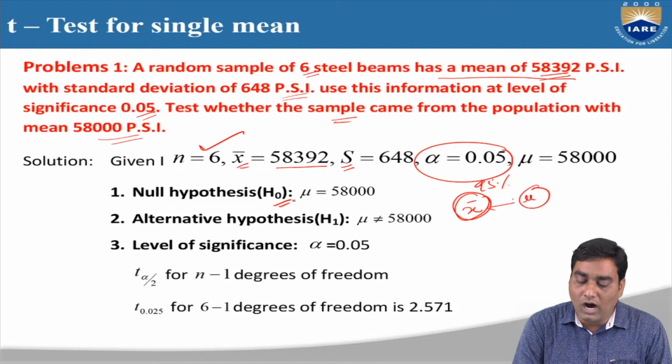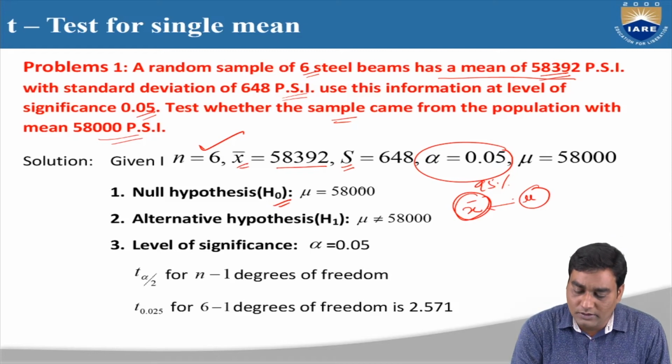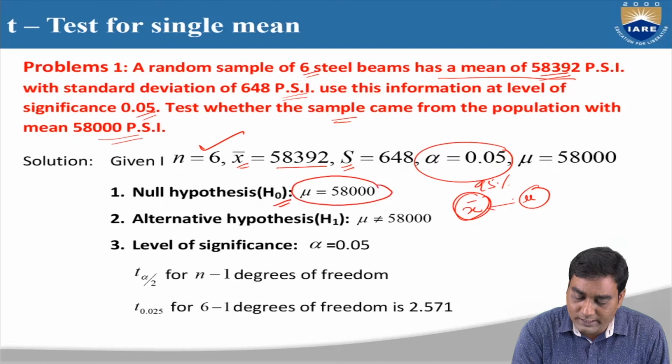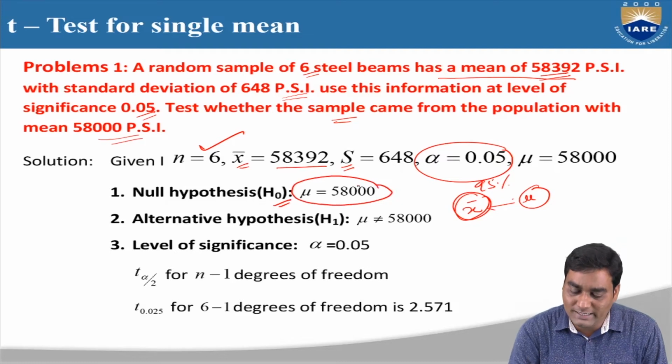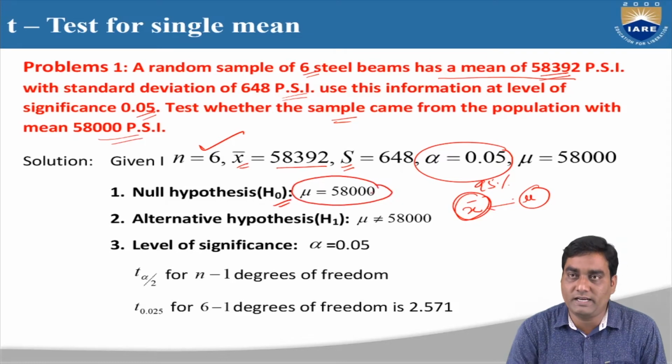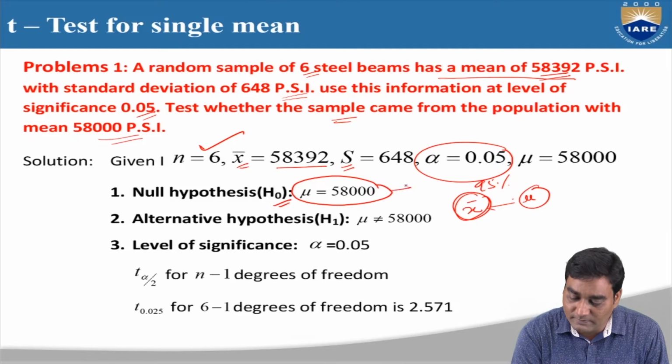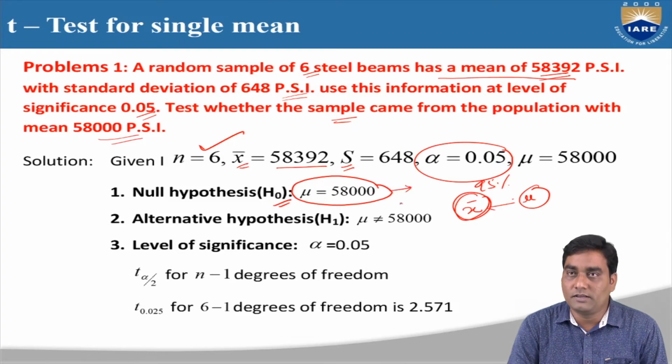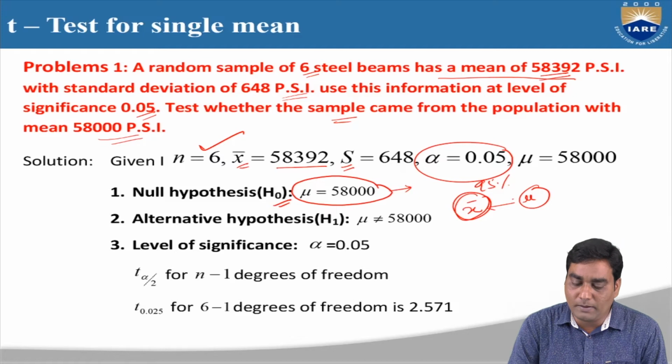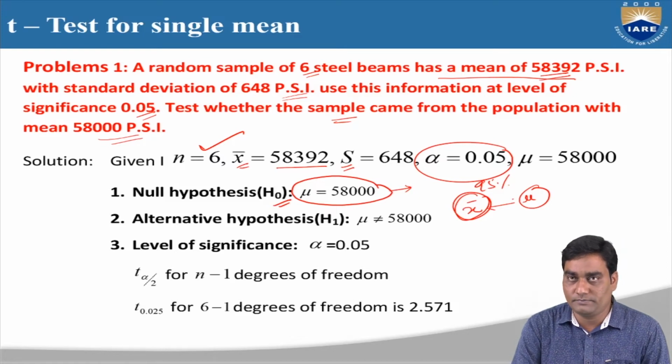How to set up the null hypothesis? If you write mu equal to 58,000, it means the population mean equal to 58,000. This means the given sample x bar came from the population with the mean 58,000.